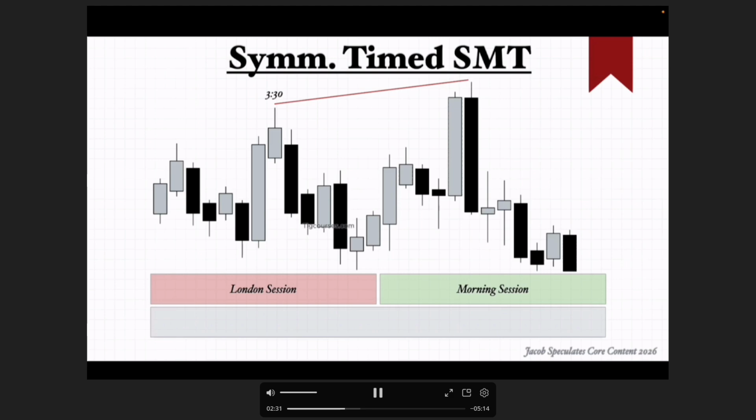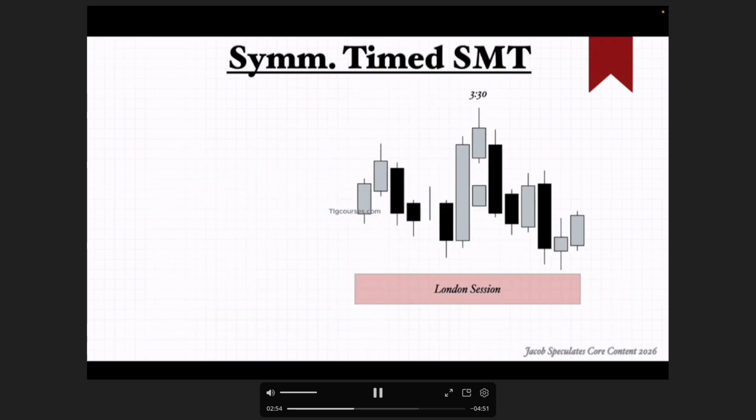And like I mentioned earlier, they don't really require a second stage cracking correlation. I'll say it one more time. Since the previous quarter that we're using, which would be the London session, the high formed at the exact same time on all three assets, if a sequential SMT occurs at that high, it is a high probability SMT.